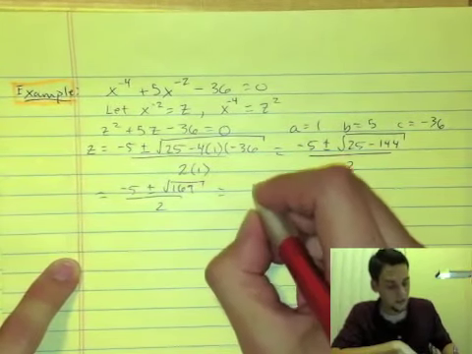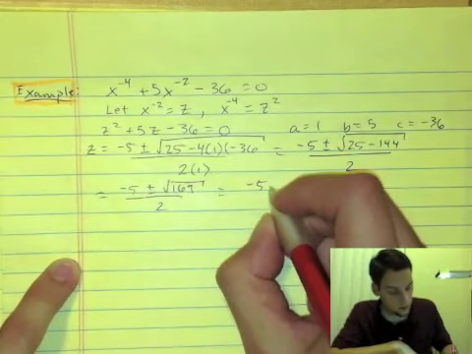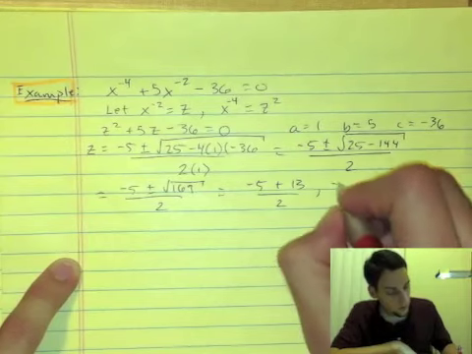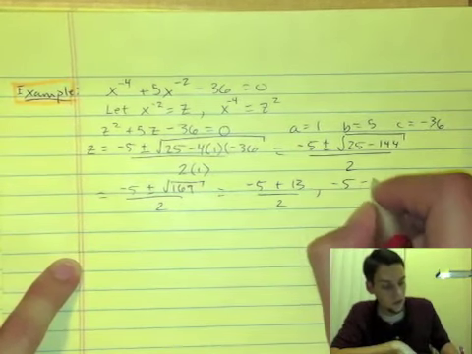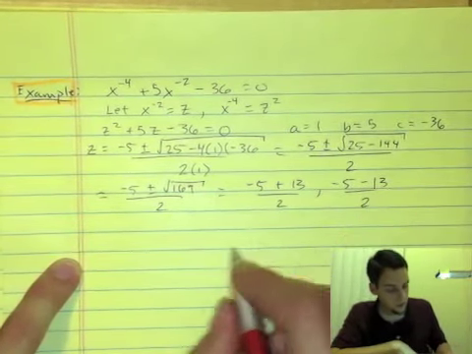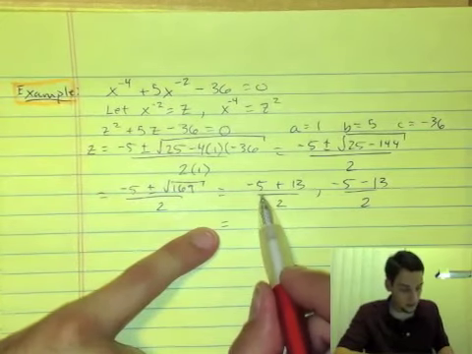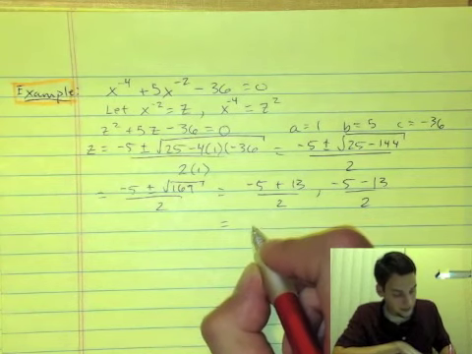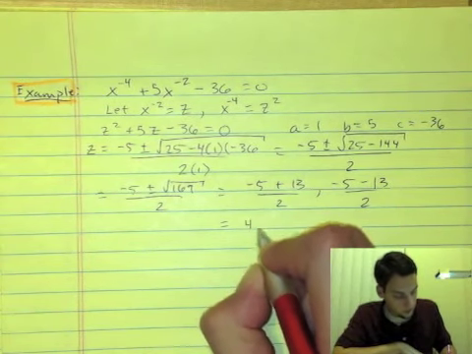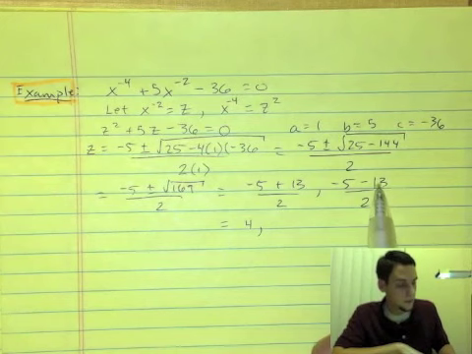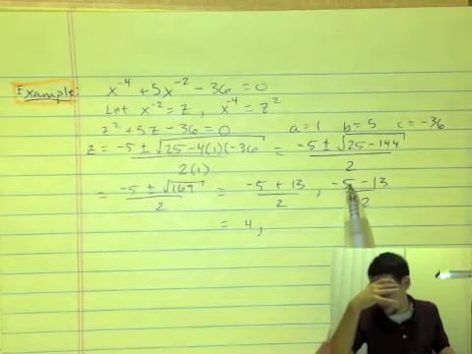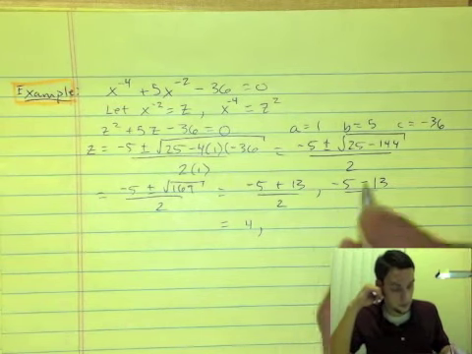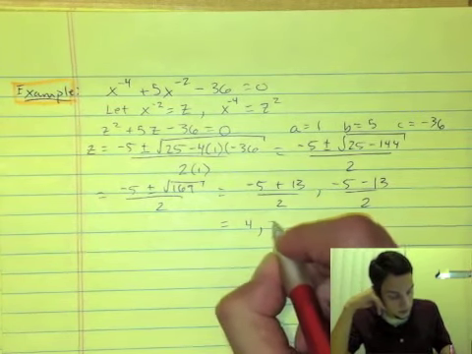Square root of 169 is 13, so we'll have opposite of 5 plus 13 over 2, or negative 5 minus 13 over 2. We can simplify this. Negative 5 plus 13 is 8, right? 8 divided by 2 is 4. And then negative 13 minus 5 is negative 18, divided by 2 is negative 9.